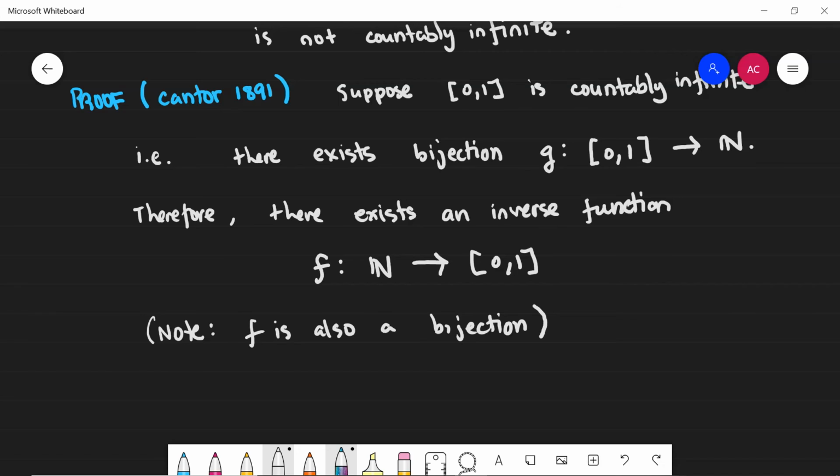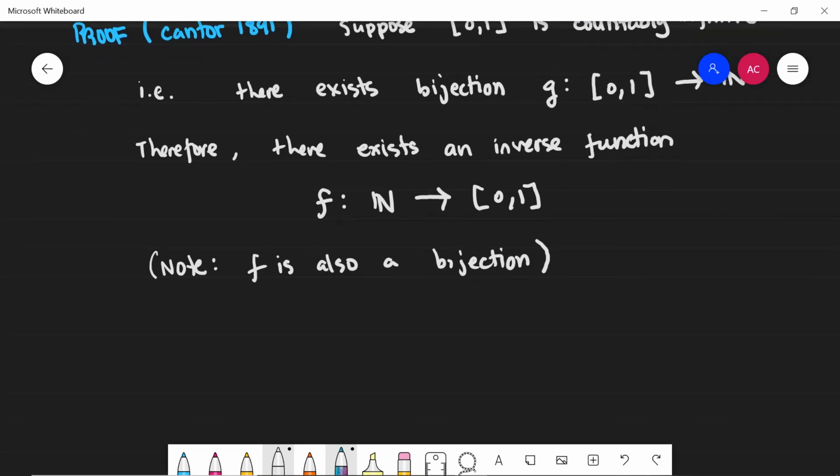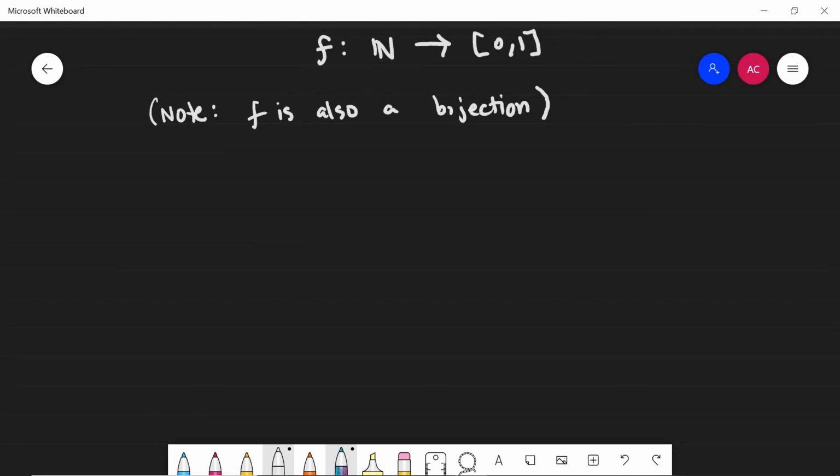Okay. Now, what I'm going to try to do is contradict the fact that this is a bijection. Because f being a bijection means it's 1 to 1 and onto. I'm going to try to produce a number inside of 0, 1 that is actually not in the image of f. In other words, I'm contradicting the fact that this is onto. Okay. So let's try to construct that number.